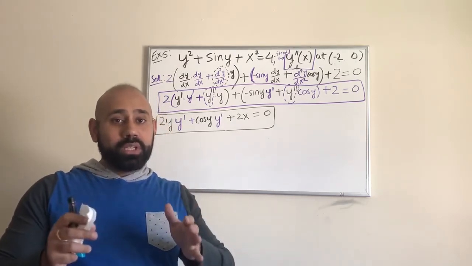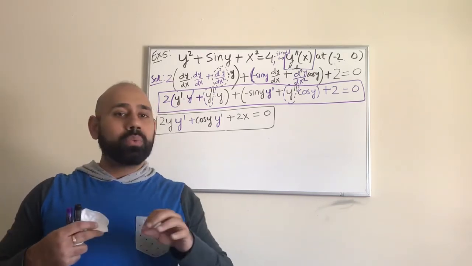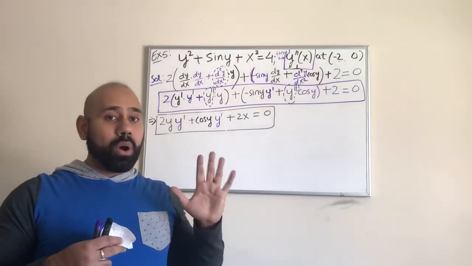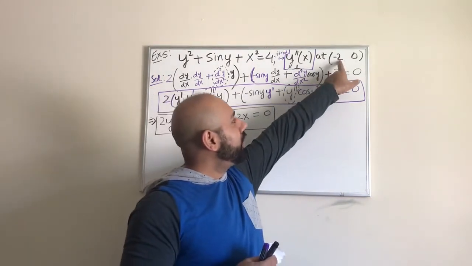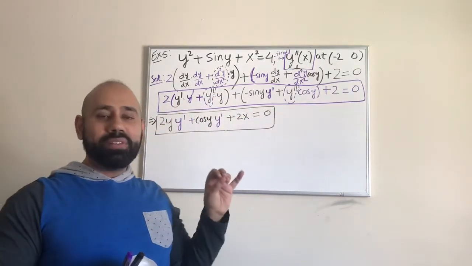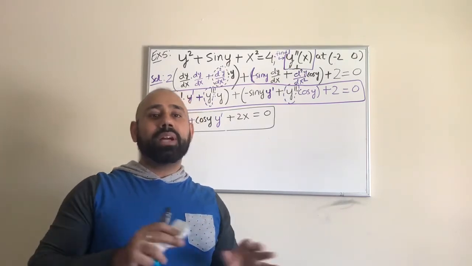Guys, you can do it if you feel like doing it, but my suggestion is don't worry even about trying to isolate y double prime here. All you need to do is, we already have the values for x and y. So what we can do is, we can just substitute the values for x and y, and we can already simplify a lot of these terms.